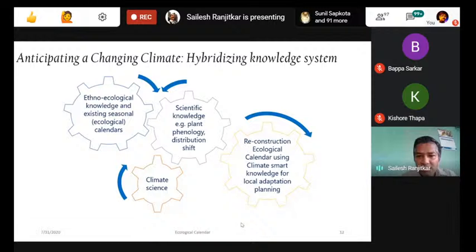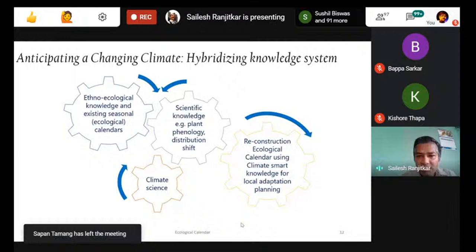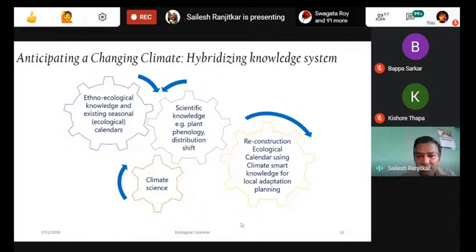Using all this information, we are trying to develop or reconstruct an ecological calendar that could be used as climate-smart knowledge for local adaptation planning. So this is the main theme of the work.